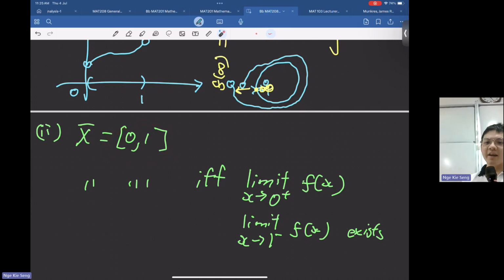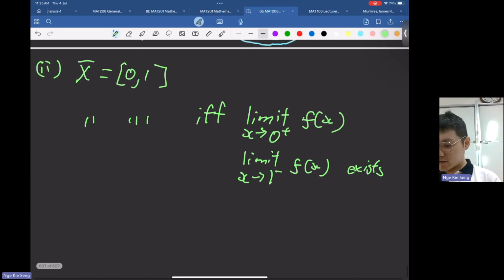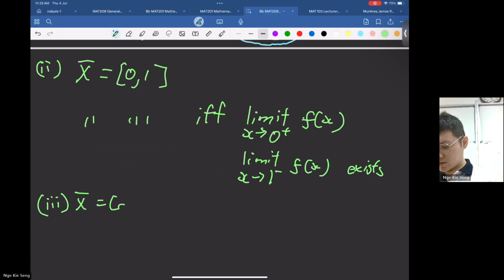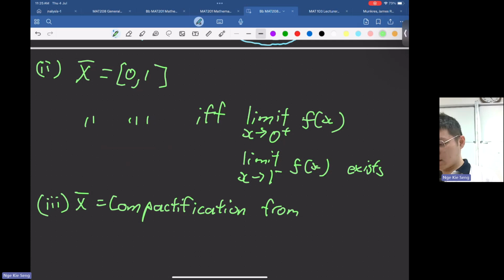And the last thing that we left yesterday is the compactification that we get from the topological cycle.